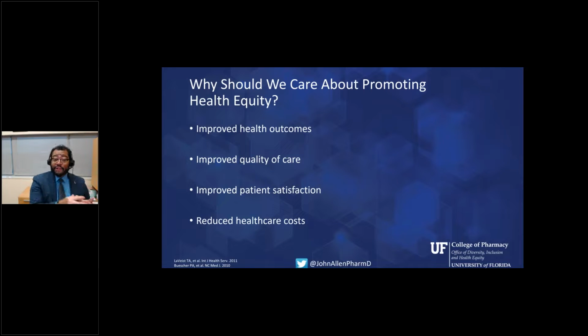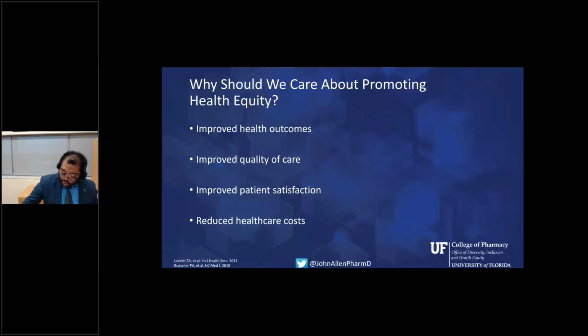And hopefully I've shared with you how pre-hospital factors or pre-hospital health can lead to worsened health outcomes in the hospital. If we address health equity, we should see improved health outcomes. Better promoting health equity can lead to improved quality of care. It can lead to improved patient satisfaction, and then it can lead to reduced healthcare costs.